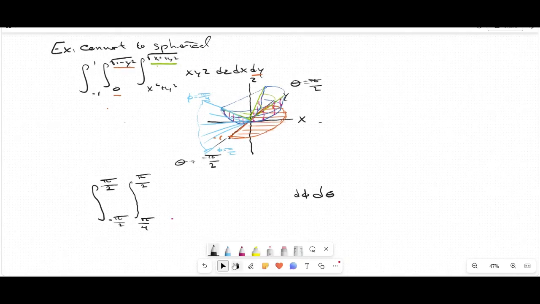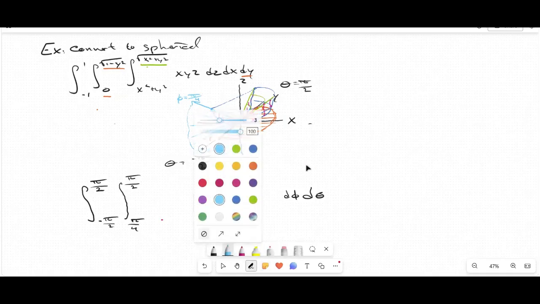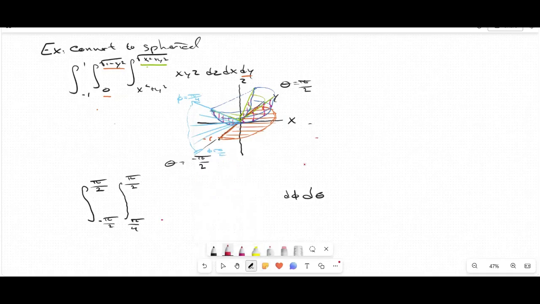What about rho? The bounds on rho are not constant. They depend on phi. You can see them here. We have to go as far as that blue line, which gets smaller as phi goes down.